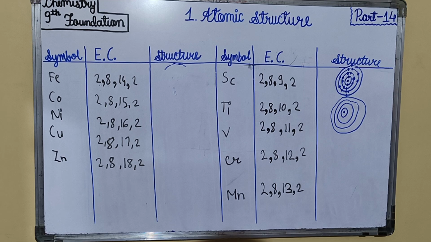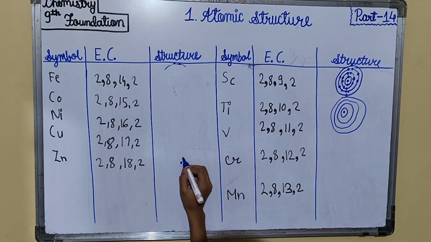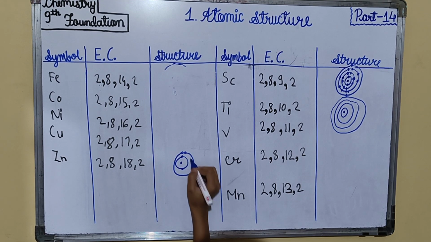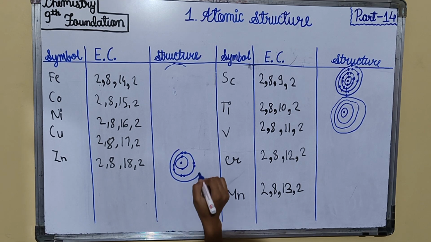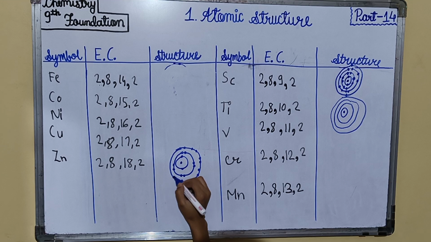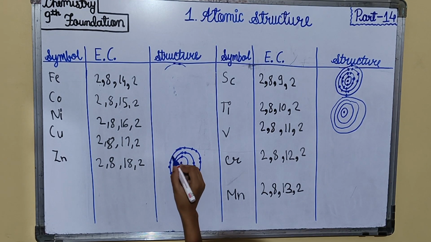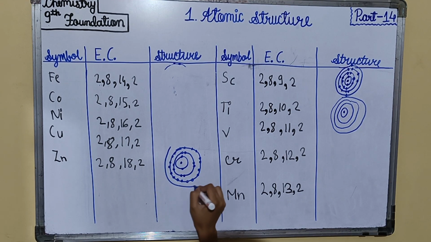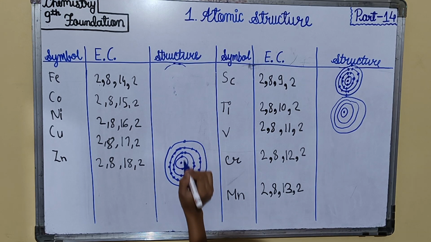Now we'll draw structure as it is. Like I'll tell of the zinc, in first shell it would be 2 electrons. In second shell, there would be 8 electrons. In third shell, there would be 18 electrons. And in last shell, there would be 2 electrons.